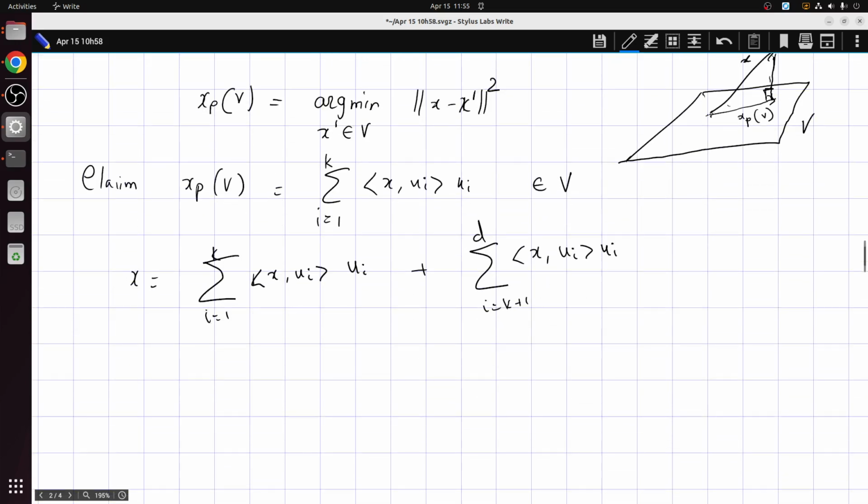Now if you take any vector X dash belonging to V, you can write X dash as the summation of beta_i U_i, i going from 1 to k.